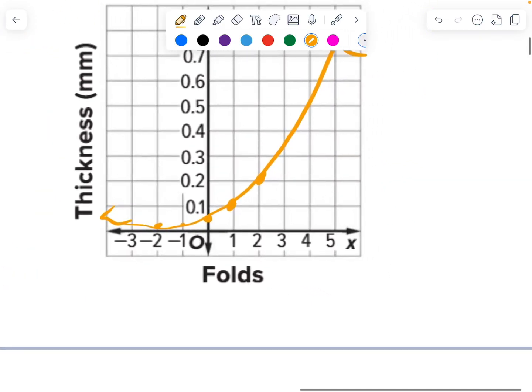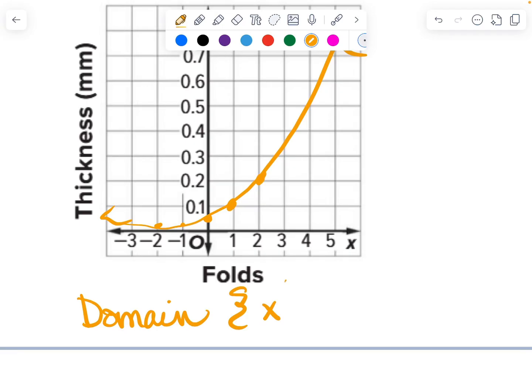Now when we're talking about the relevant domain here, guys, are we ever going to have negative folds? No. So that means that x has to be greater than, actually, it's got to be greater than 0.